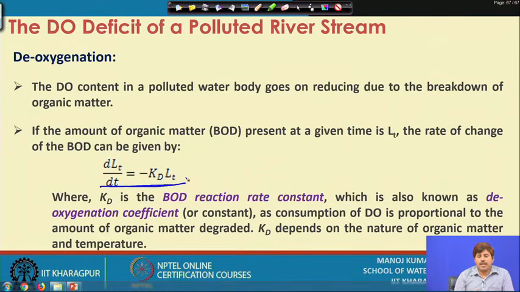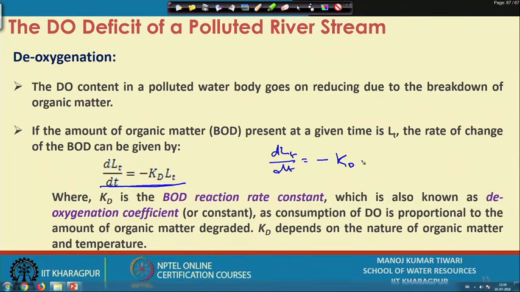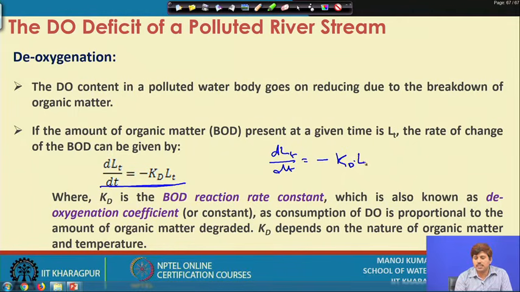If L is the organic matter present, or BOD present, Lt, the rate of change of the BOD is proportional to Kd times Lt, the existing BOD. So, this is a simple first order expression, okay.